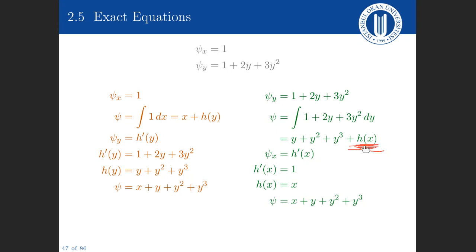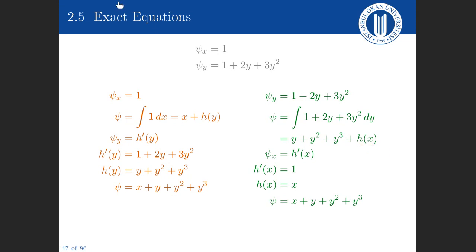If I integrate it with respect to y, the next step is to differentiate with respect to x, always the other variable. So I get psi x is h prime of x. Compare that with the equation at the top. h prime must be 1, so h of x must be x. We end up with the function psi is x plus y plus y squared plus y cubed.